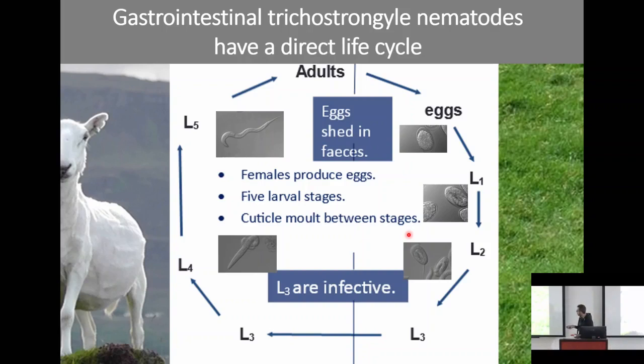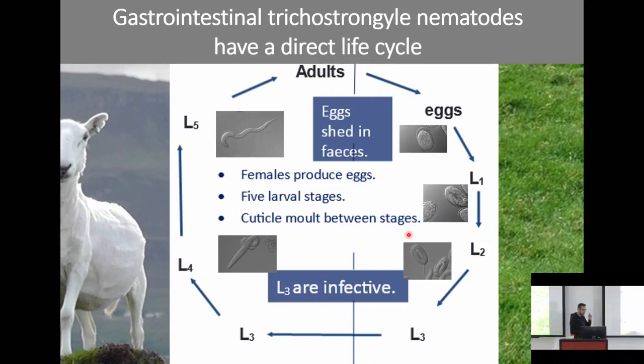So this L2 is further converted into L3 stage larvae. This is the infective stage larvae, and it is normally seen on the pasture in high numbers, and that is the infective stage that causes infection in the host.